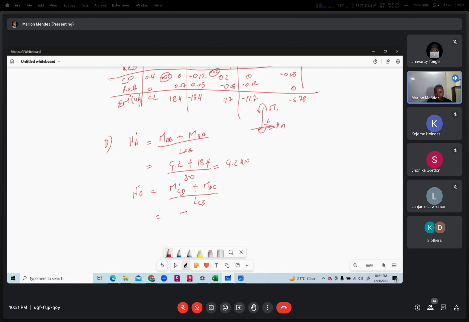This is minus 11.7 plus minus 5.78 divided by the length, 3 meters. This becomes minus 5.8 kilonewtons. So that is what they call the shear in the column.